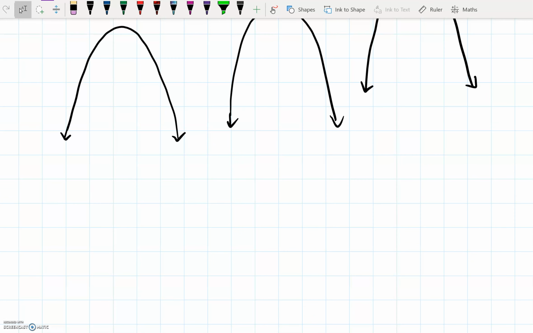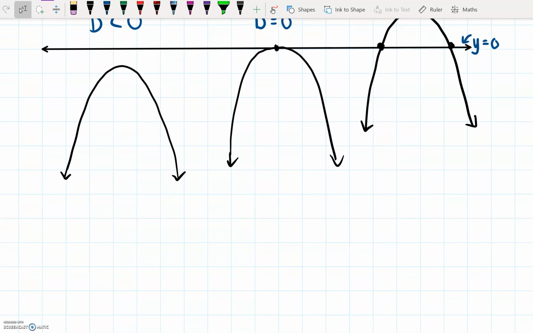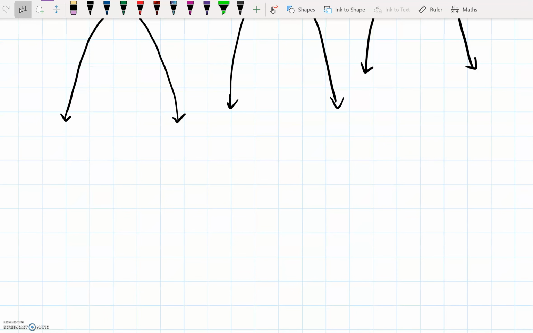Now, what we're looking at today is if we have a parameter in our function, what that does to this.